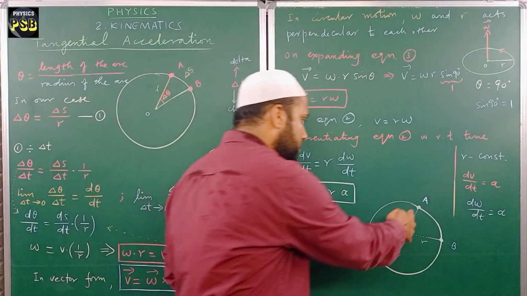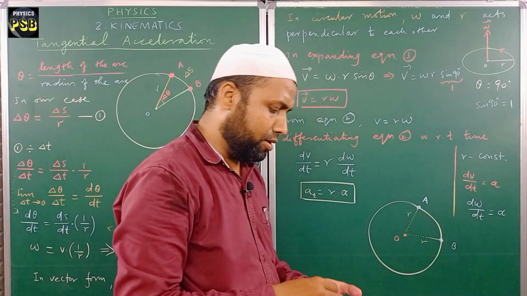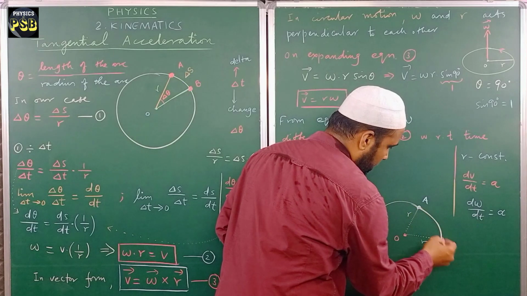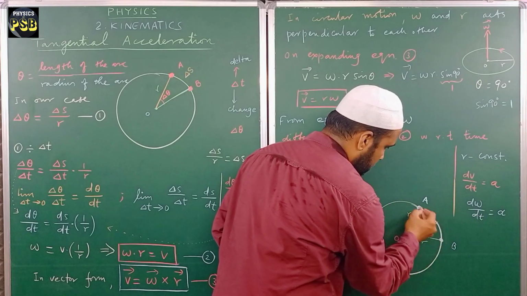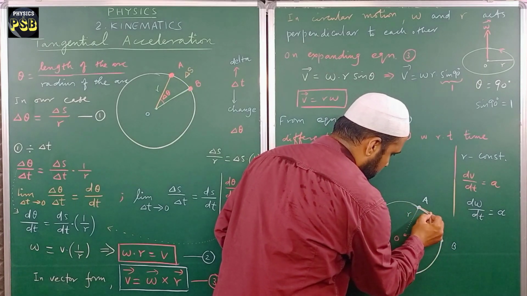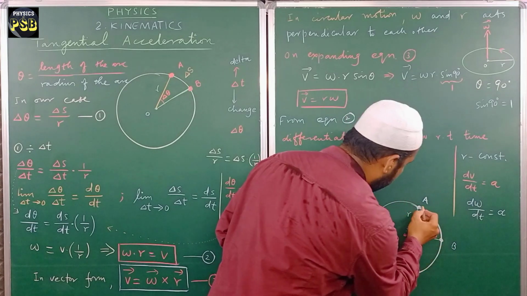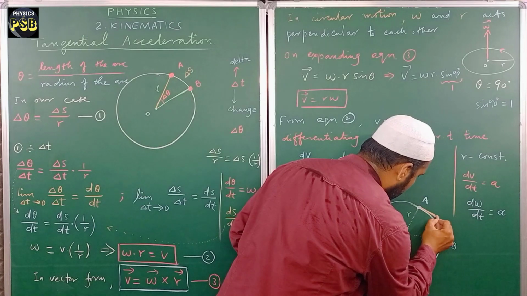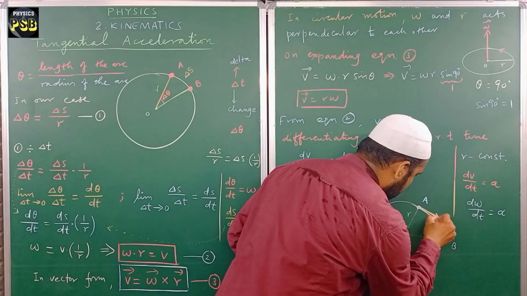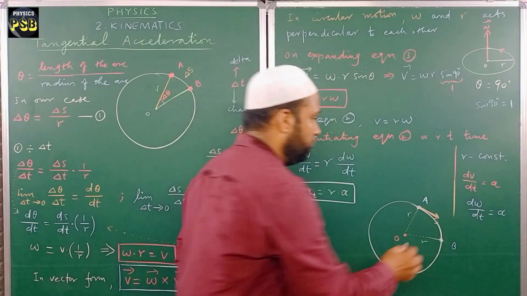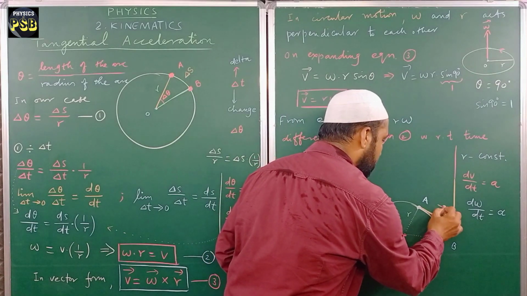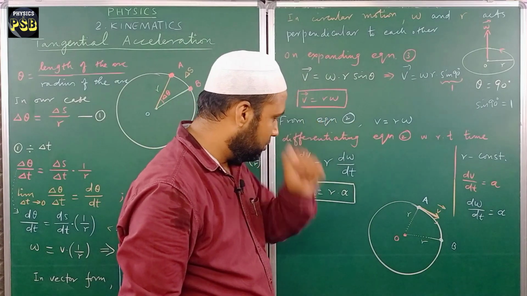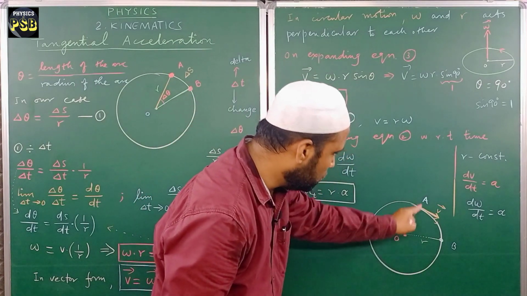Now, when the object is present at point A and it moves in this direction, then this tangent provides us the velocity vector. Okay, the direction of the velocity vector, which is perpendicular to the radius.